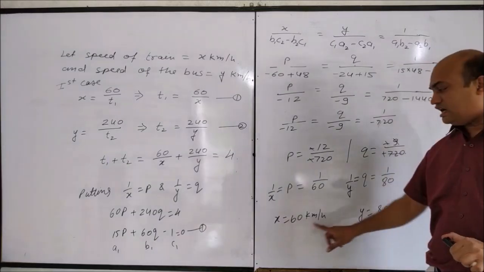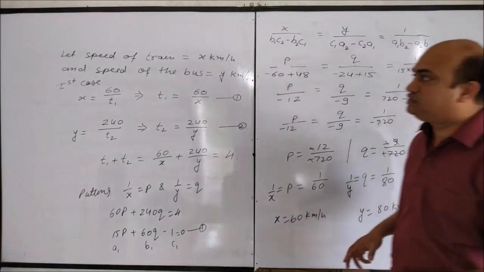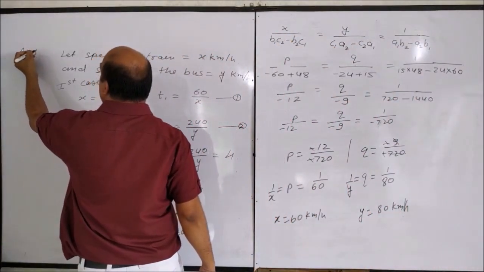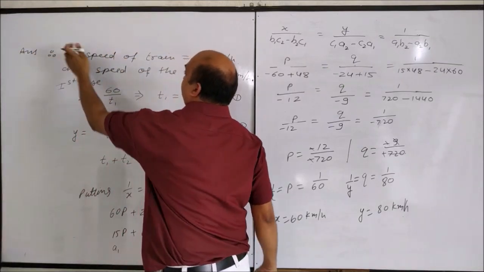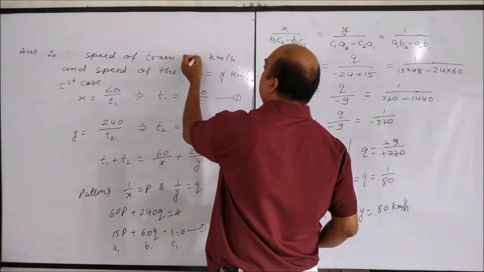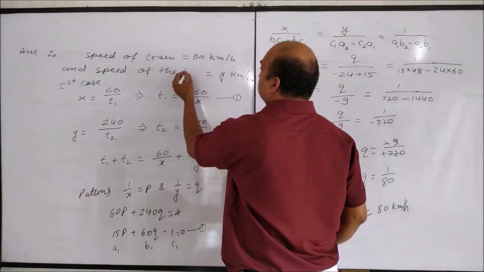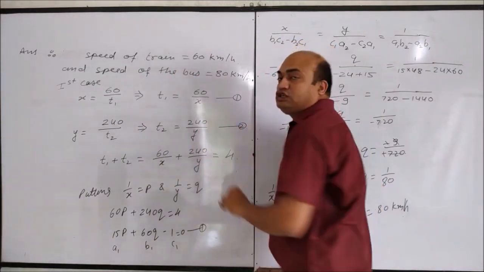These are the speed of the train and the speed of the bus. So what we write at last? We write the final answer. The final answer will be, therefore, speed of the train is equal to 60 kilometer per hour, and speed of the bus is equal to 80 kilometer per hour.